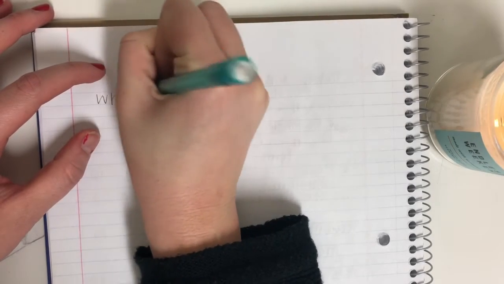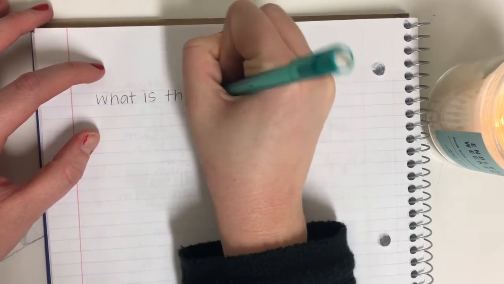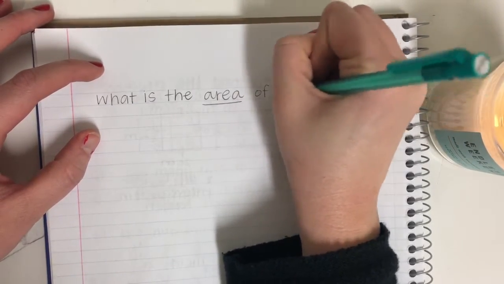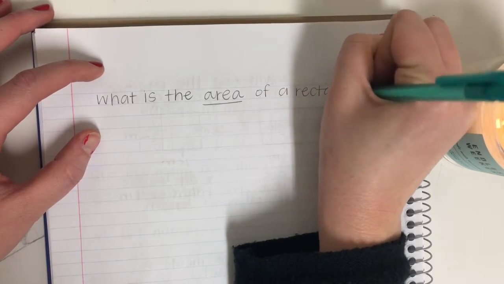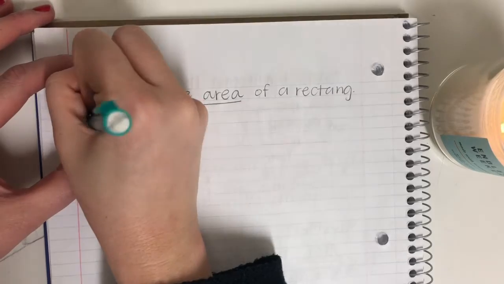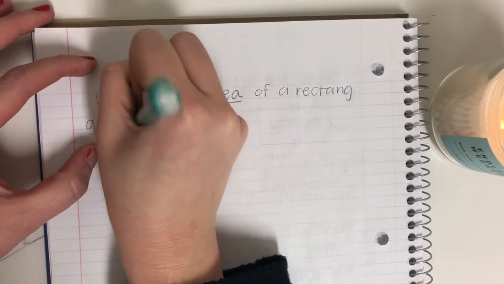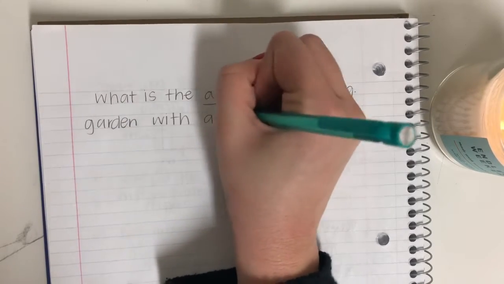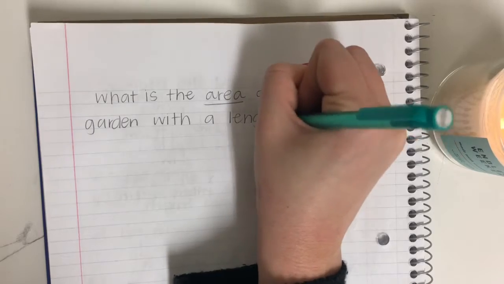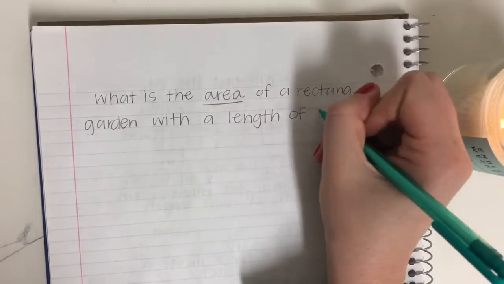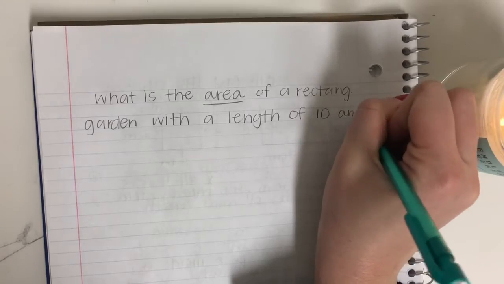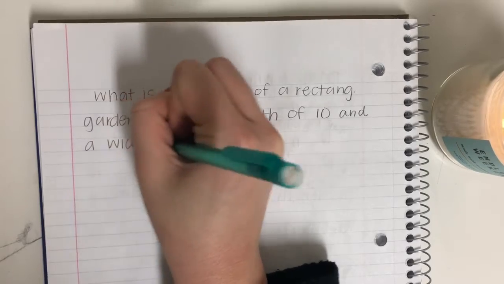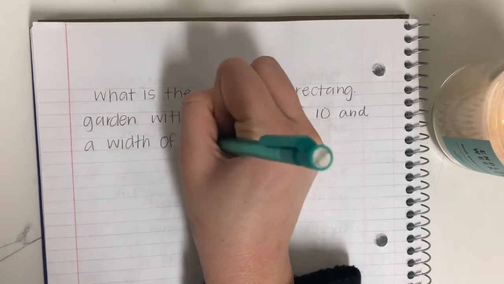What is the area of a rectangular garden with a length of 10 and a width of 5.